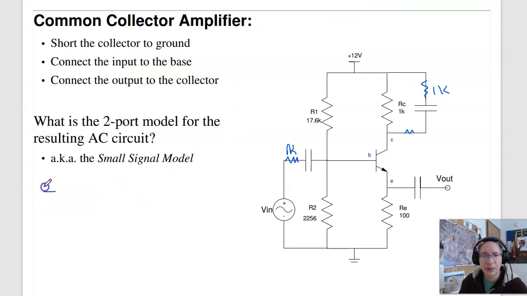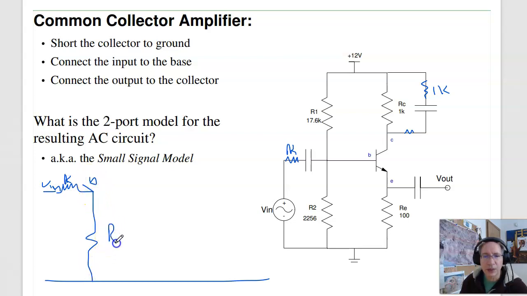Going from the input, I now see a 1K resistor, and that takes me to the base. Base goes to ground through R2. Base goes to ground through R1. And I now go to the emitter through RE.